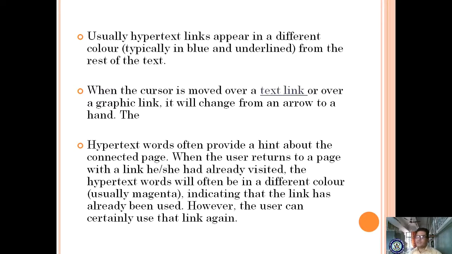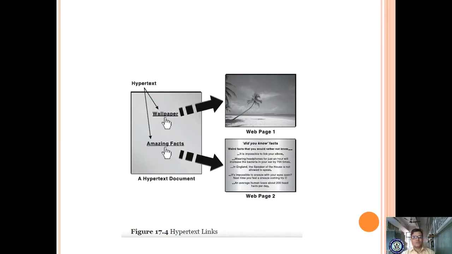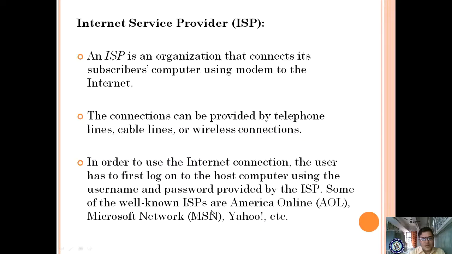Even if you have visited it, if you wish to reuse it, you can use that link once again. Here you are seeing a text-based link. If I click this text, it opens this web page. So it is a hypertext document.